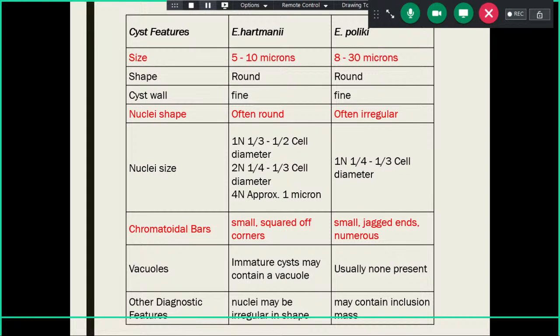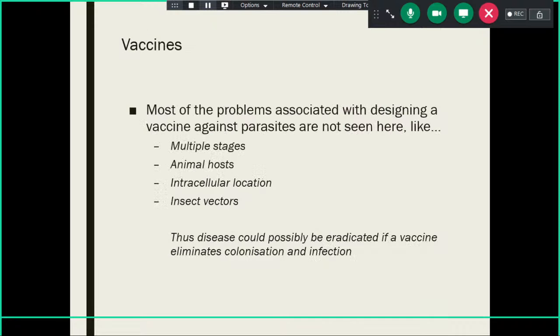Other non-pathogenic ones like E hartmanni and E polecki, I think are difficult for you to remember. The world has 50 million cases of EH every year, so vaccines are always looked for this disease, which is a disease of underdeveloped or developing countries.